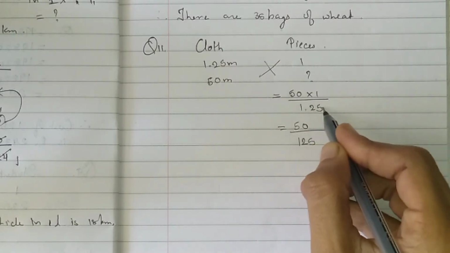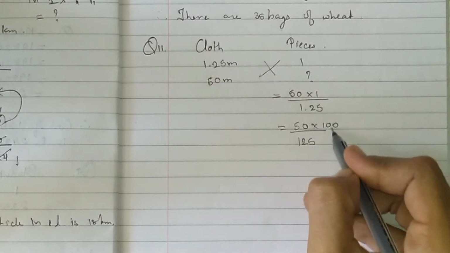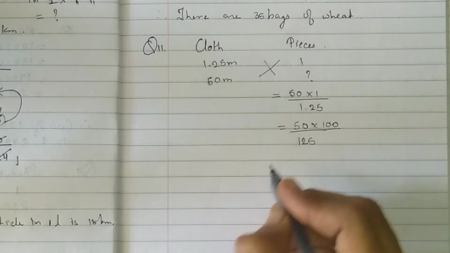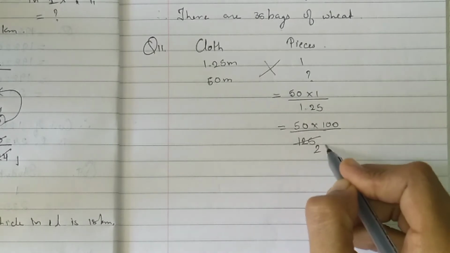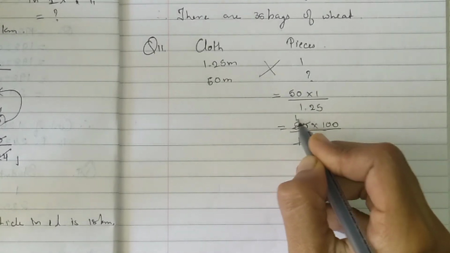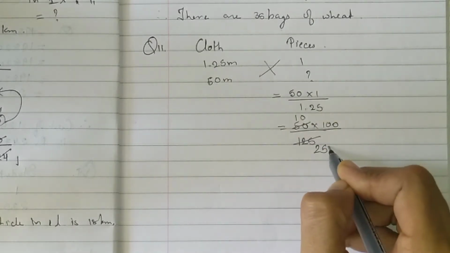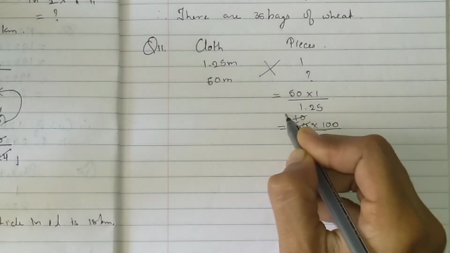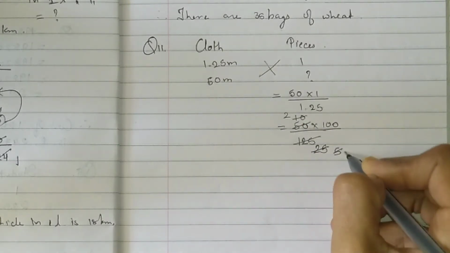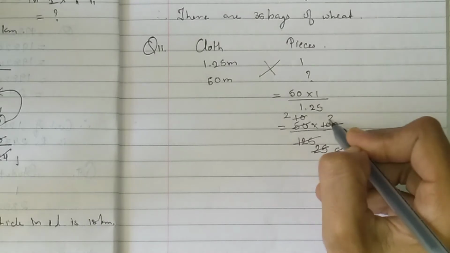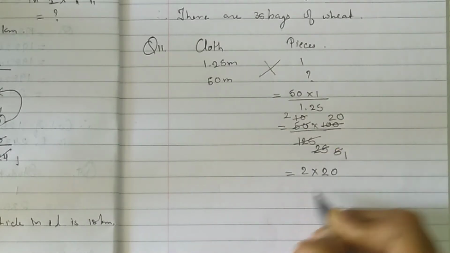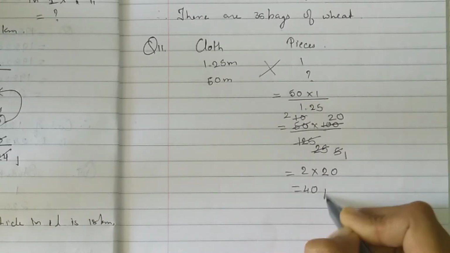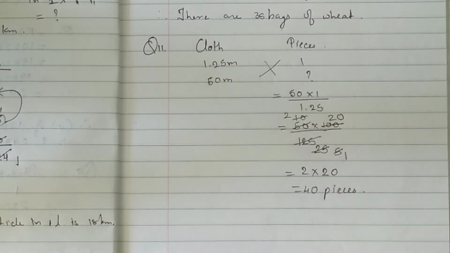These are two decimal places, so multiply by 100. Again cancellation. 5 25s are 125, 5 10s are 50, 5 5s are 25, 5 2s are 10, 5 1s are 5, 5 20s are 100. So 2 into 20, which is equal to 40 pieces.